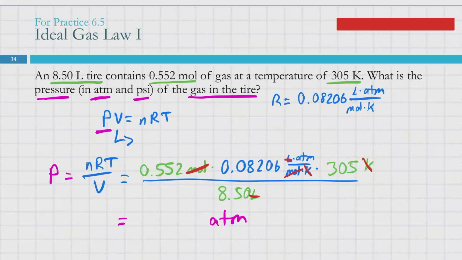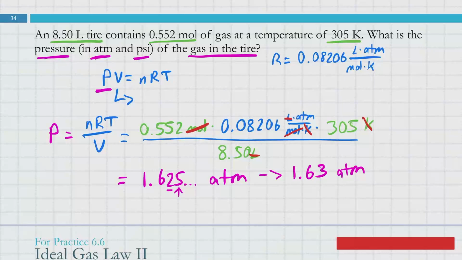So we're going to multiply everything that's on the top, the 0.552, R, and 305. We'll divide that all by 8.5. And we get a value of 1.625 atmospheres. We'll round that for 3 significant figures. So it's 1.63 atmospheres.